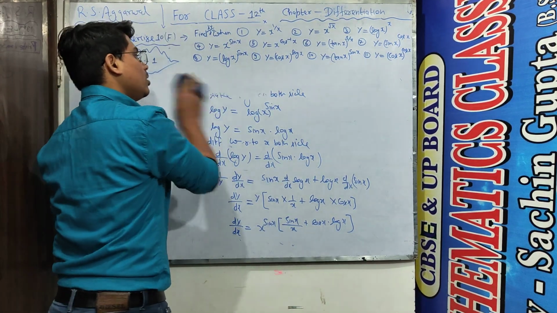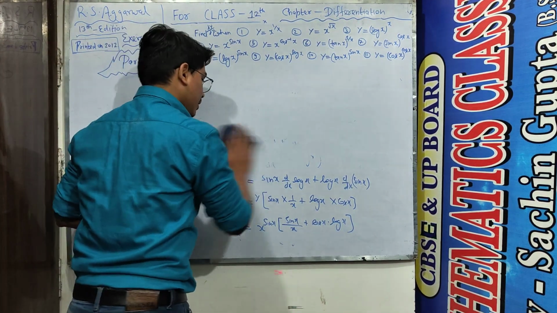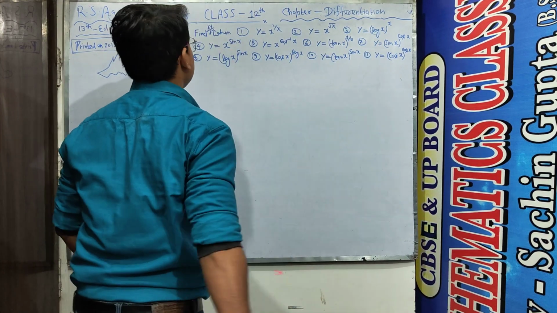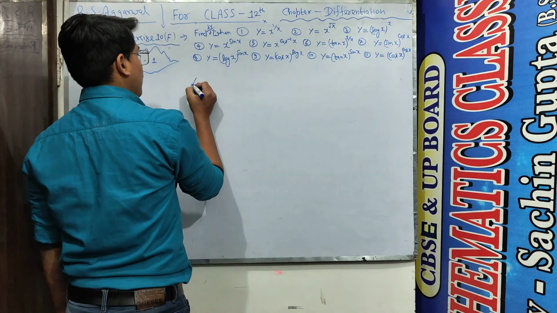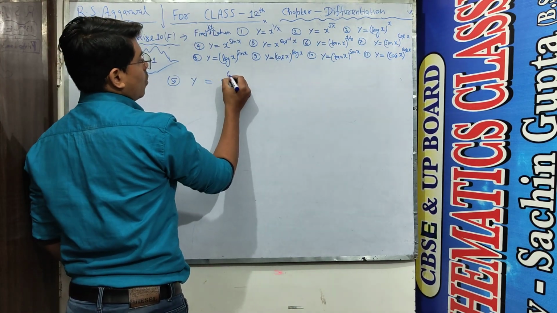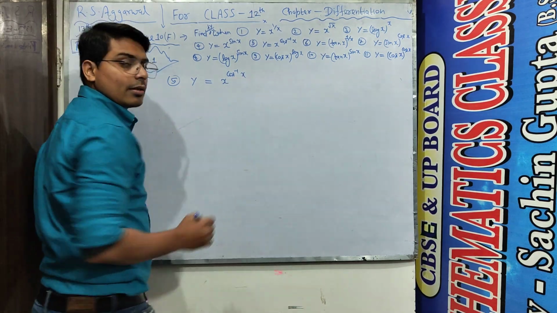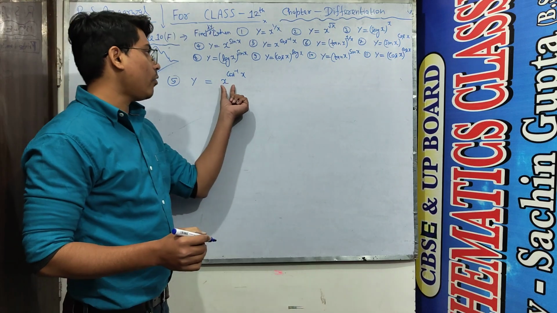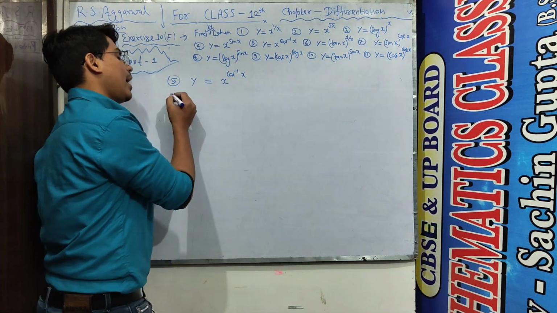Now we go to the solution of question number 5. Question number 5 is y equal to x raised to the power cos inverse x. We want to find the differential of x raised to the power cos inverse x.